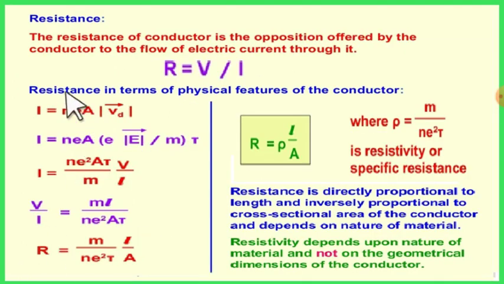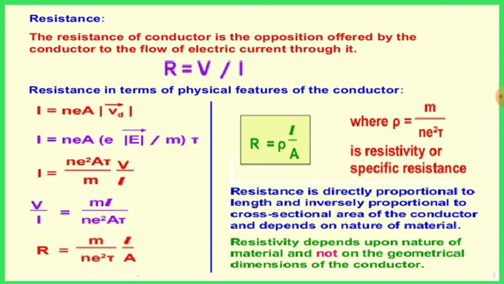Now let's see this resistance. If you want to express R from Ohm's law, then it will be V by I, right? So this V by I means volt per ampere. The SI unit of resistance is volt per ampere, which is equivalent to ohm, denoted by omega.